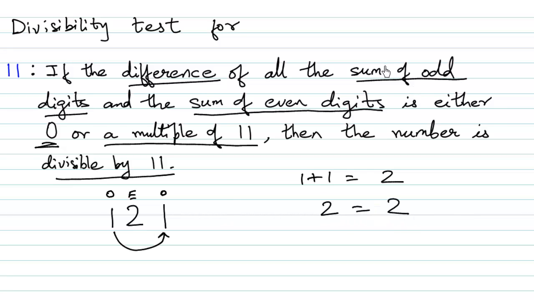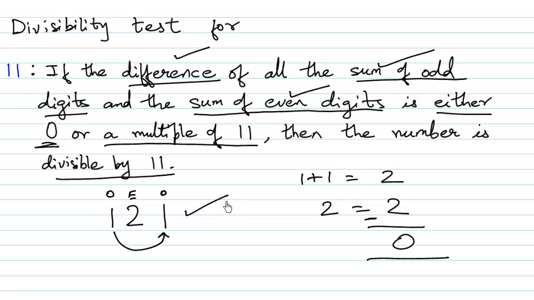You sum all the odd digits, you sum all the even digits, and then you find the difference. So a bigger number minus a smaller number, or if the numbers are equal, it is 0. So 2 minus 2 is 0. And if you get either a 0 or a multiple of 11, then the number is divisible by 11. So 121 is divisible by 11.